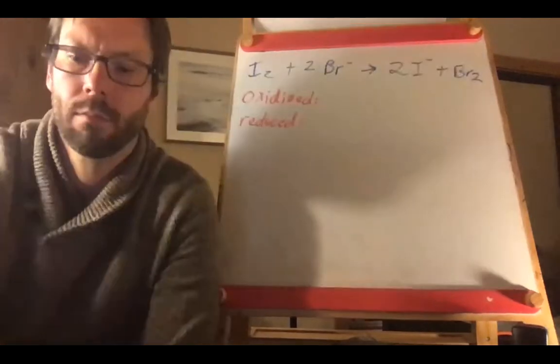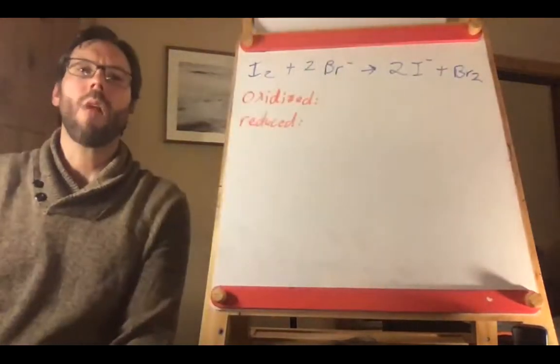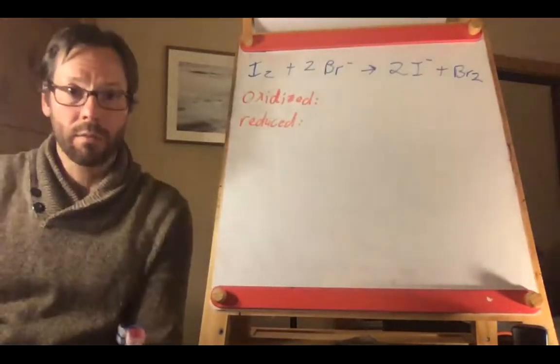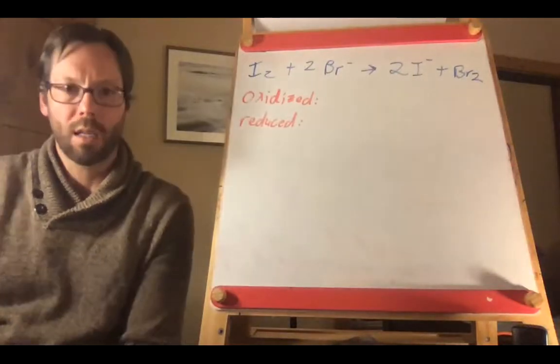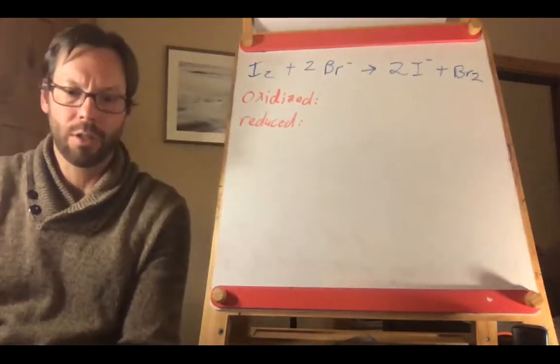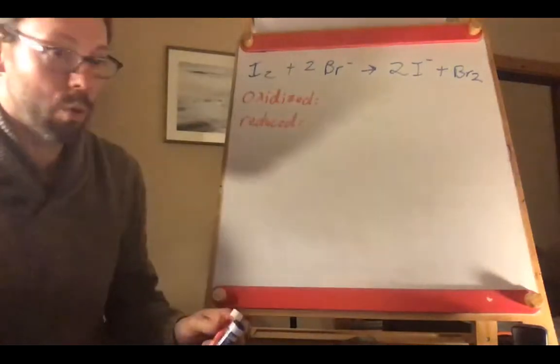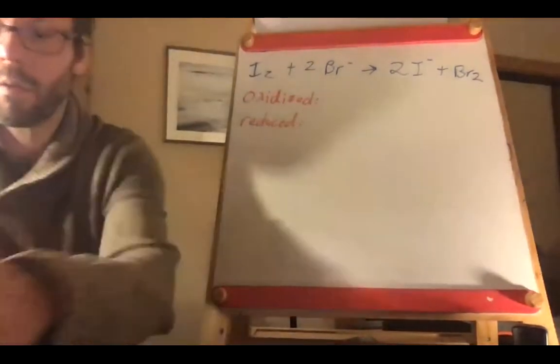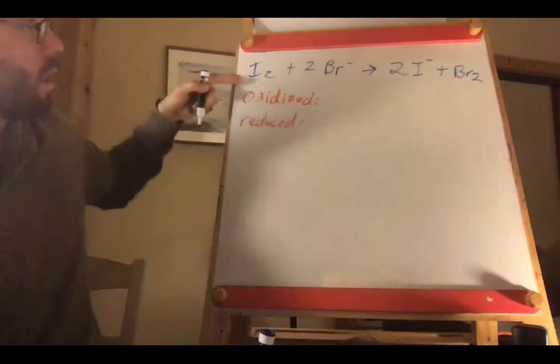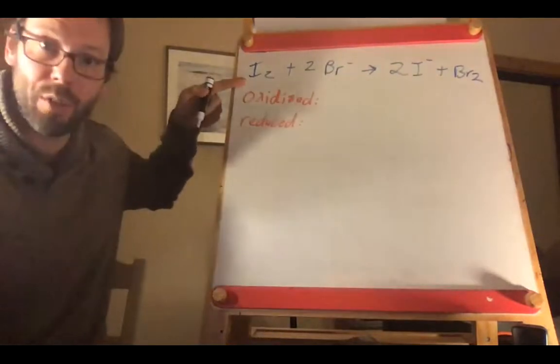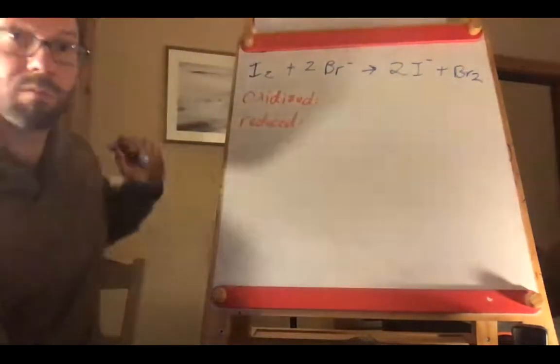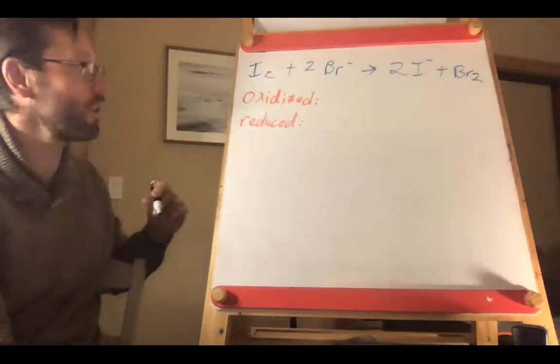Okay, so once again, we need to break it down into oxidized and reduced half reactions. So we have an element in its elemental form going into its ionic form.